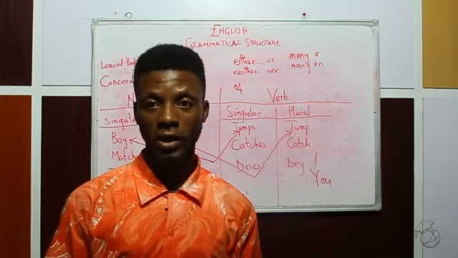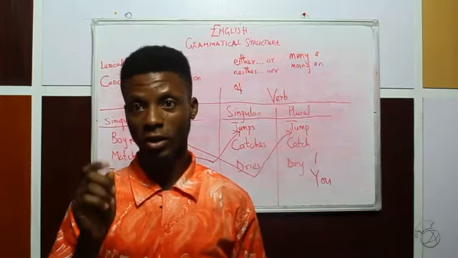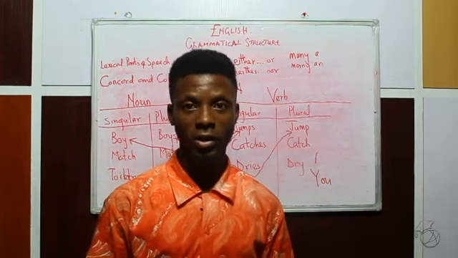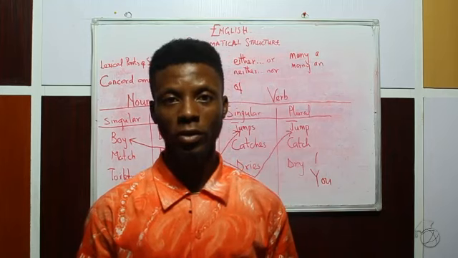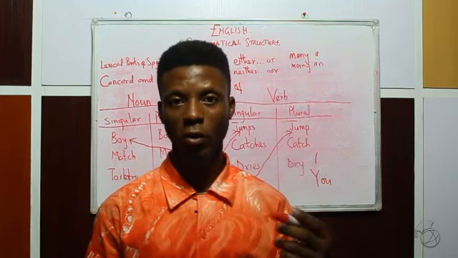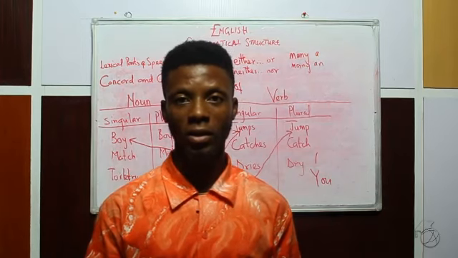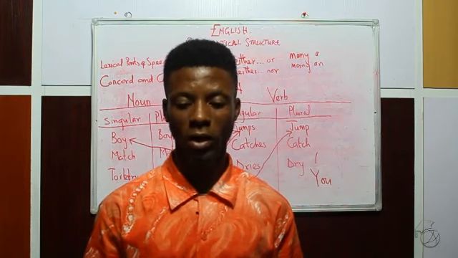Remember, the indefinite article a or an suggests a singular noun or pronoun. It does not suggest a plural noun or pronoun. When we use the indefinite article a or an, or the definite article the, it is definitely talking about a singular entity, a singular noun.